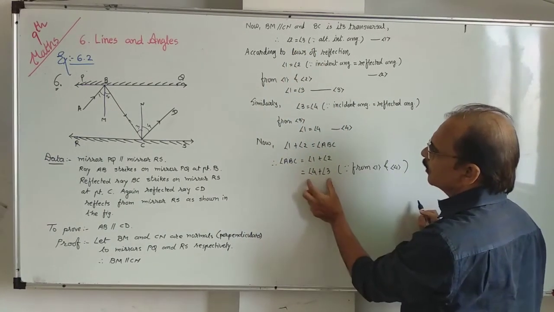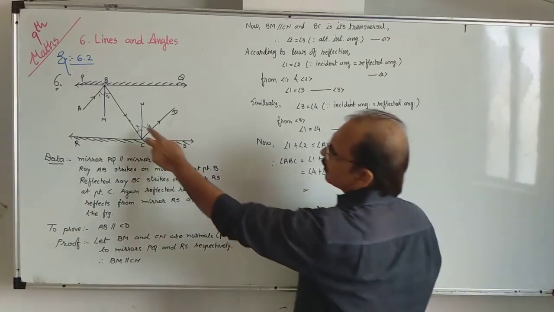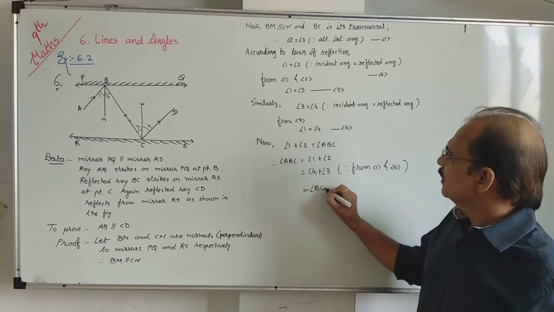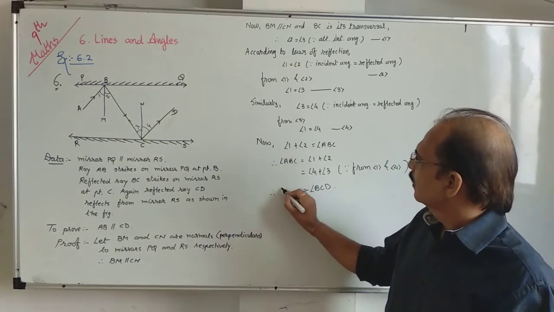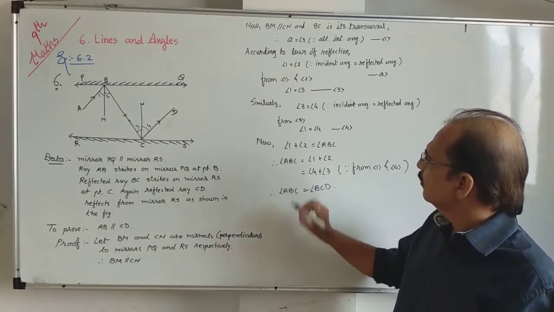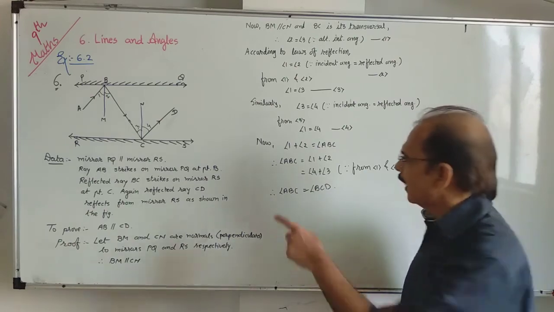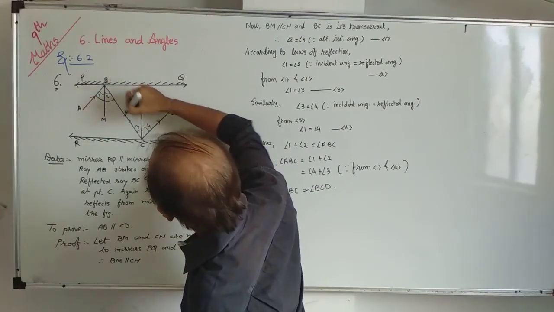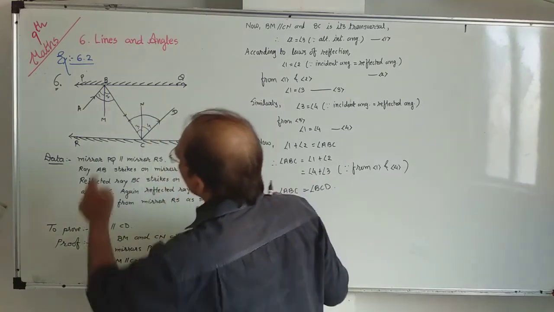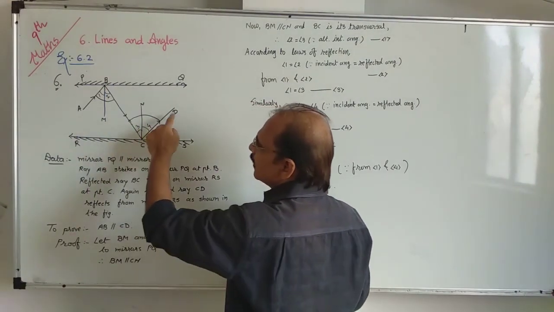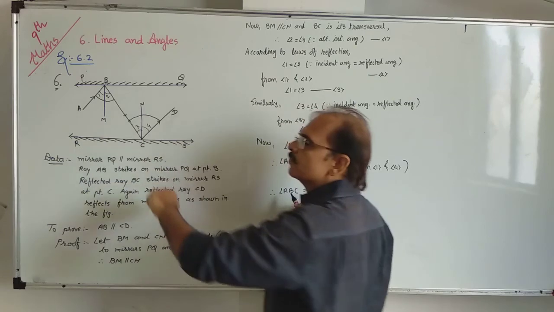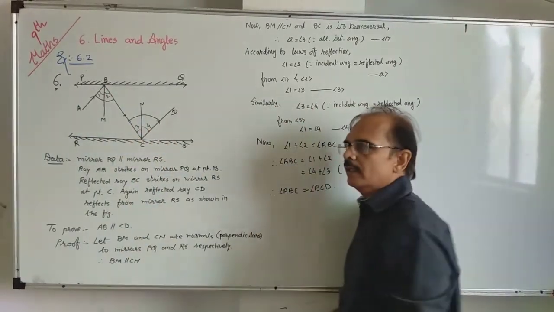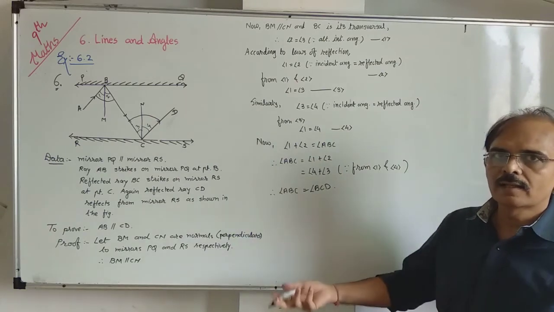So this is 3 plus 4, and 3 plus 4 equals angle BCD. So here we prove that angle ABC equals angle BCD. Angle ABC means this total angle, and angle BCD means this total angle. They are angles formed by transversal BC of two lines AB and CD. If they are equal, then the lines are parallel.